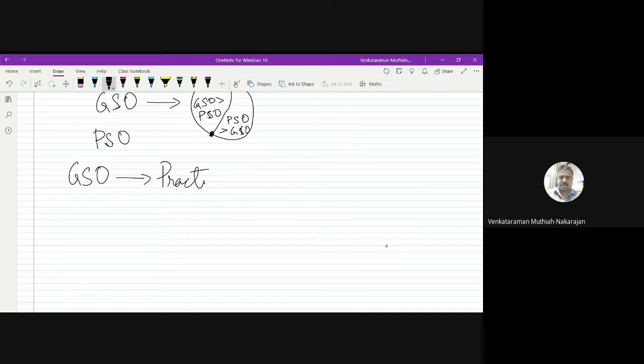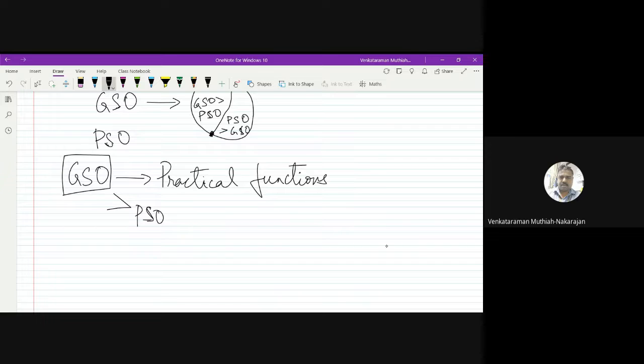If for all practical functions GSO's performance is better than PSO, then GSO is worth consideration.